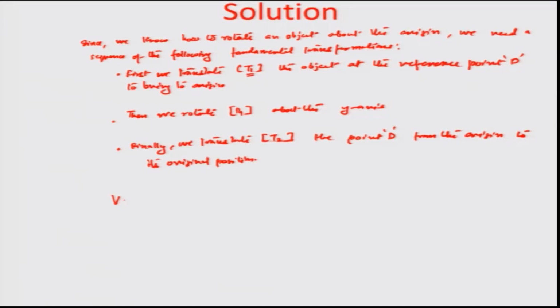So, the whole concatenated transformation equation can now be written as V final, that is the final coordinates of point V, equals the multiplication of 3 different matrices T2 R1 T1 to the initial coordinate matrix of the geometry that is at hand.